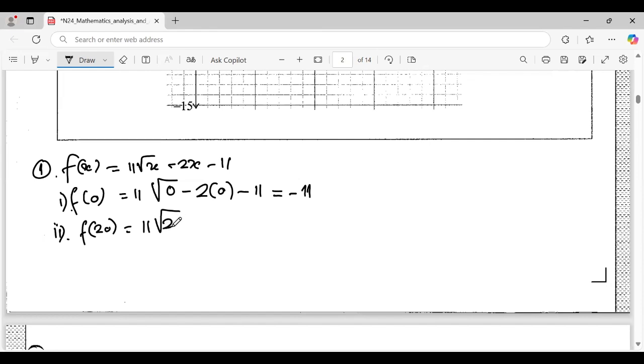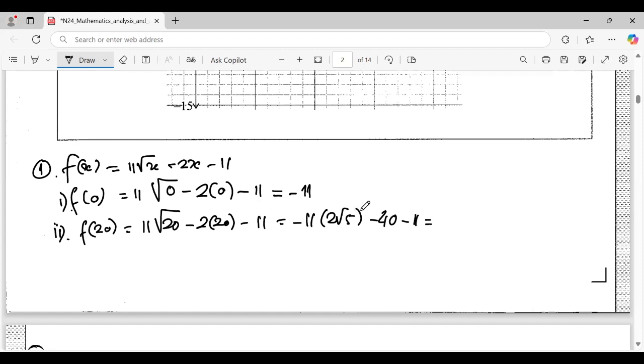f(20) is 11√20 − 2 times 20 − 11, which is 22√5 − 40 − 11. If we calculate, the result involves √5.